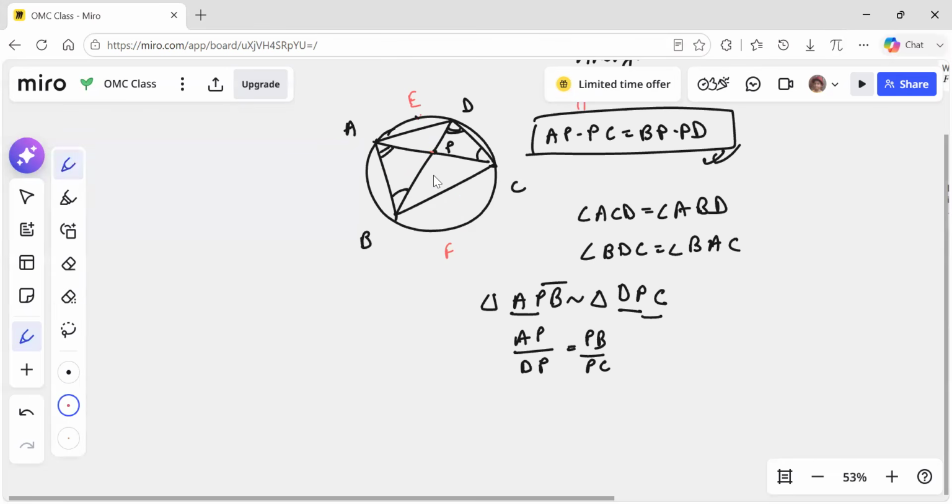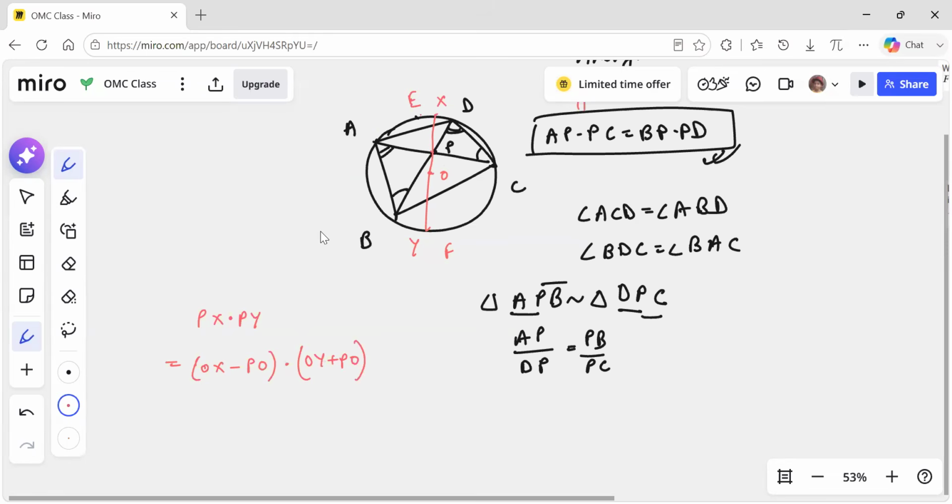So we can take the chord through the center of the circle, suppose this is the center O. Let's say this meets the circle at Y and this meets at X. Now what we want is PX times PY. PX is OX minus PO, and PY is OY plus PO.